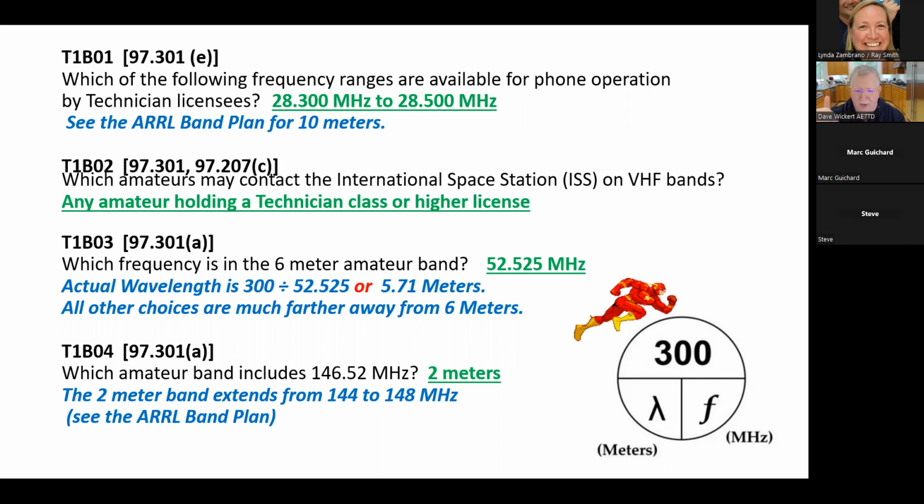So you take your thumb and put it over the wavelength, which is what you're trying to solve for. 300 divided by 146 is somewhere around 2. And so that will be the 2 meter band. So you can either memorize the band edges, or you can use this formula to solve all the questions.